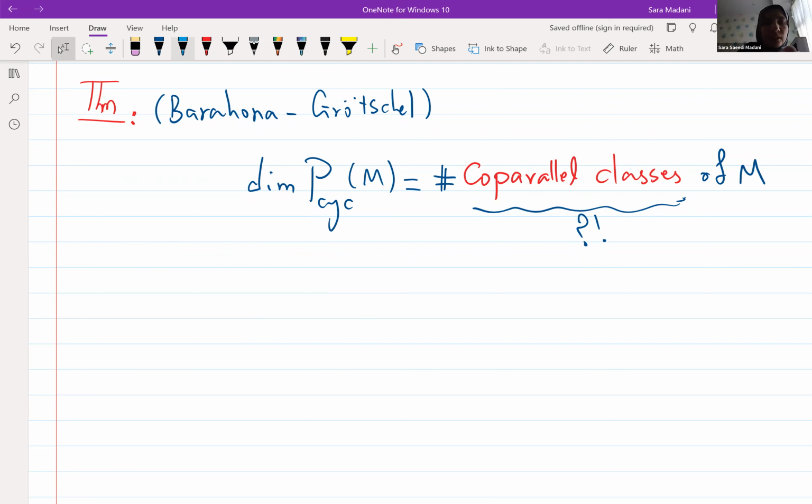Before seeing the definitions, I would like to see something in graph theory again. Let us call these edges. This is E, and I call this one E1, E2, and E3. So this is a graph G. I labeled some of its edges.